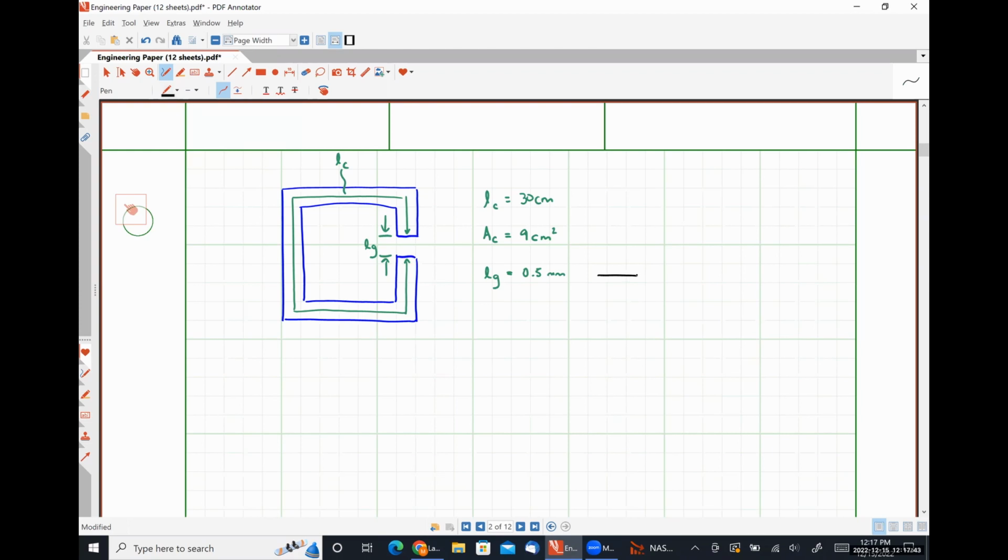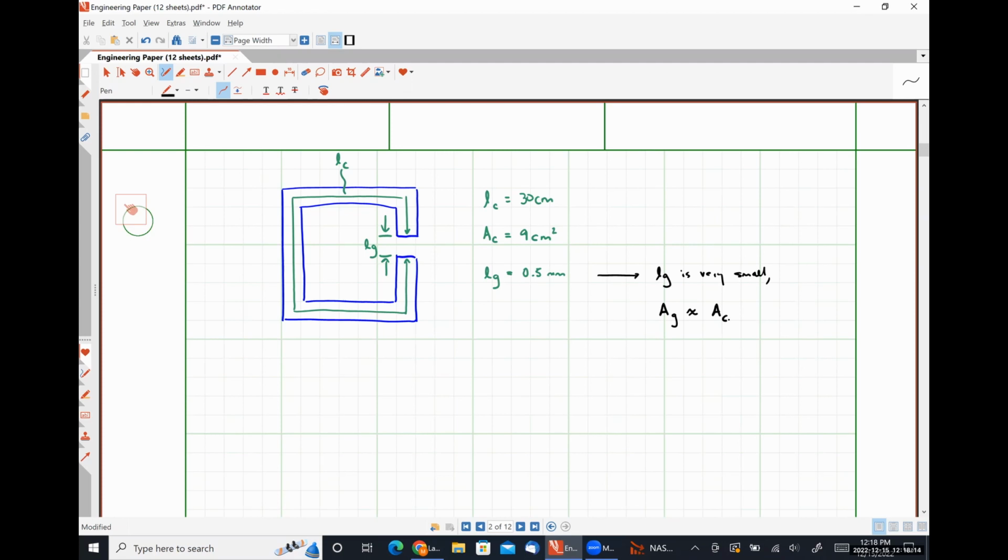We are going to work this problem since LG is very, very small. We are going to assume that the cross-sectional area seen by the flux in our air gap is the same as the cross-sectional area of the core. Effectively, we're saying our gap is so small, the flux doesn't really have an opportunity to spread out much.